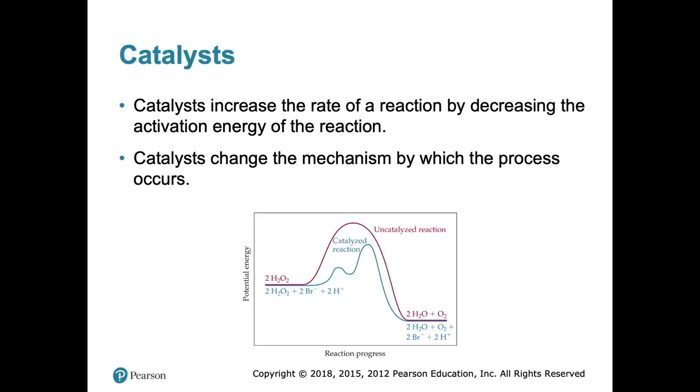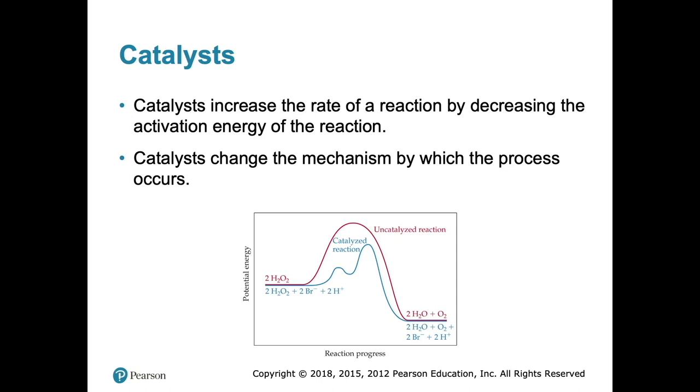This is what I think is more important. Catalysts increase the rate of reaction by decreasing the activation energy of the reaction, which I said before, right? Catalysts change the mechanism by the process by which it occurs. So here's our reaction energy diagram again, and our normal reaction with hydrogen peroxide becoming water and oxygen, right?